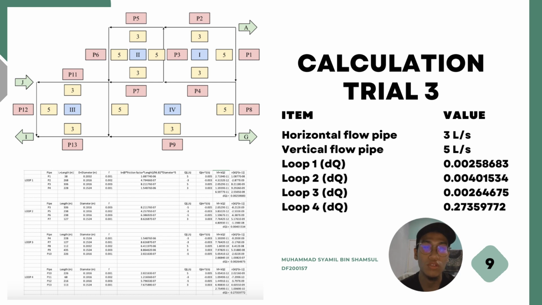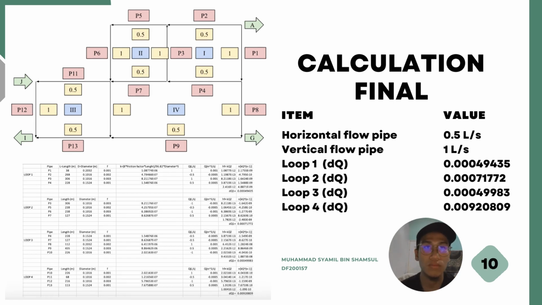For loop 2, the value of dq is 0.00401534. For loop 3, the value of dq is 0.002464675. For loop 4, the value of dq is 0.273597772.